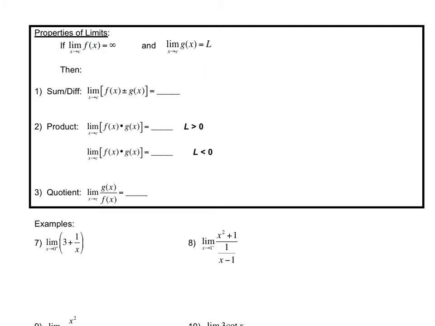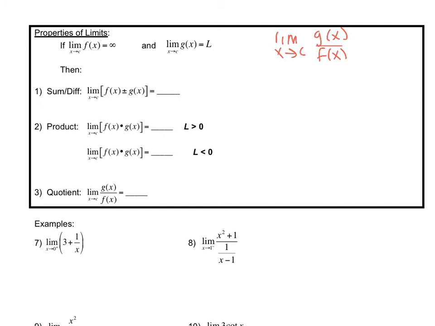So let me just show you a quick example, and you don't even necessarily need to write this down. Let's say I was doing the limit of g of x divided by f of x, two separate functions as x approaches c.